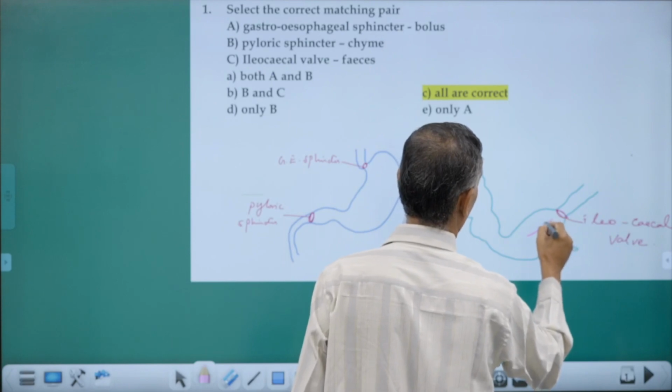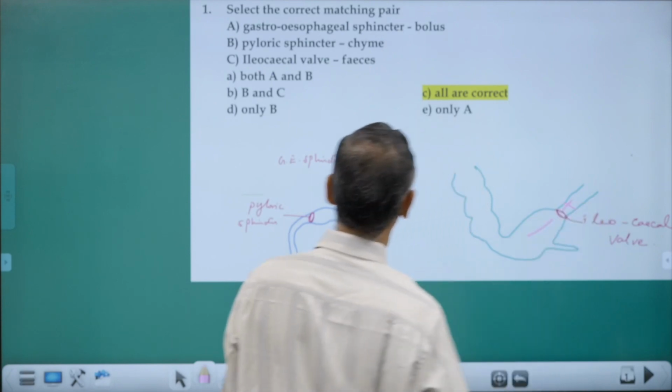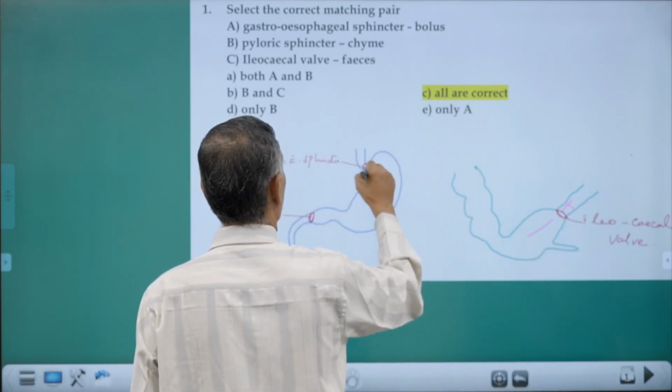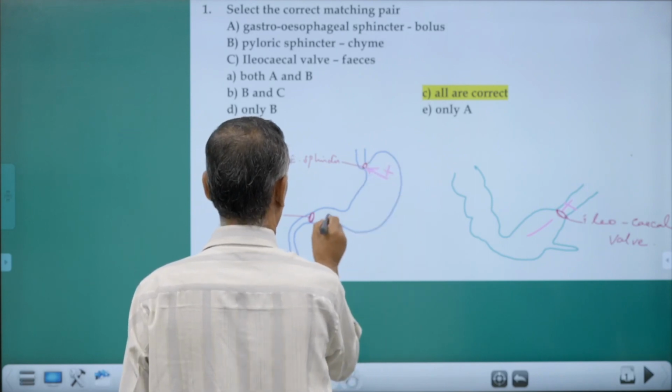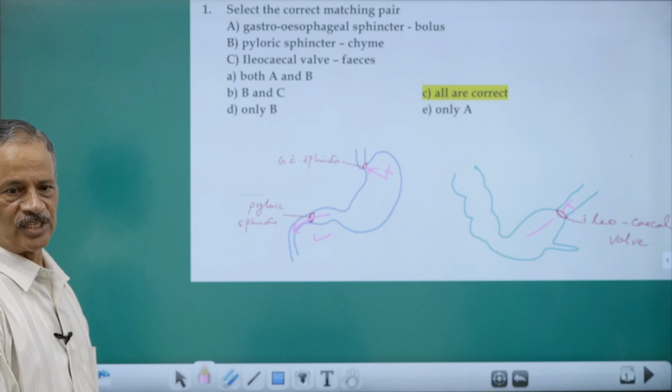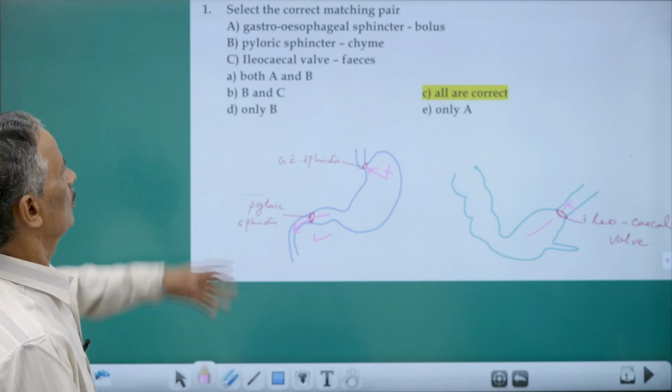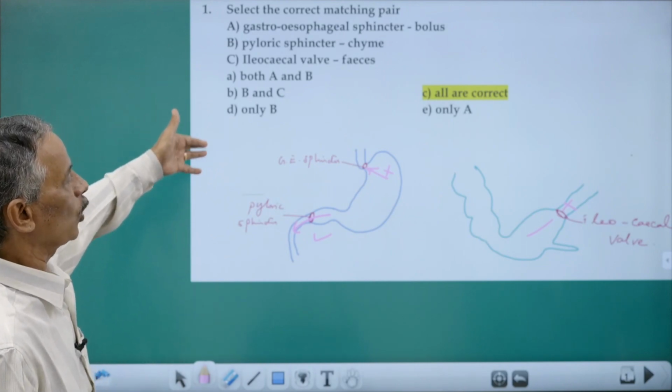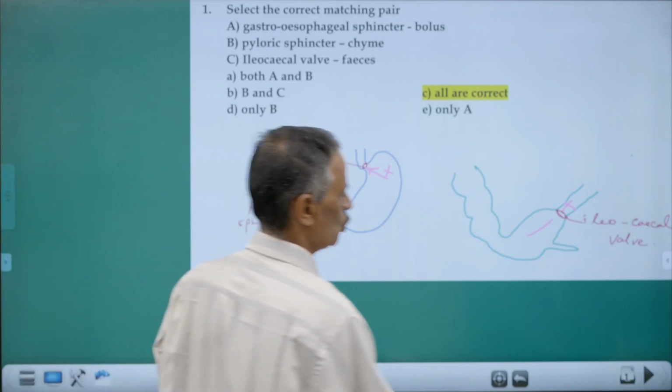So these are all sphincters that act as valves, regulating and controlling the flow of food from one part to another part.